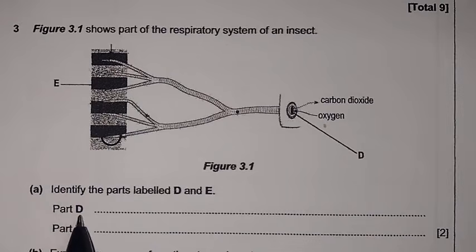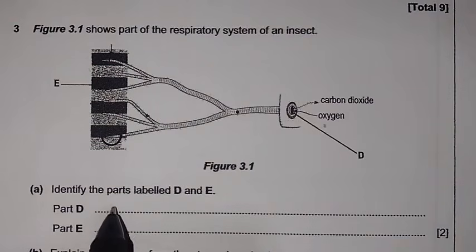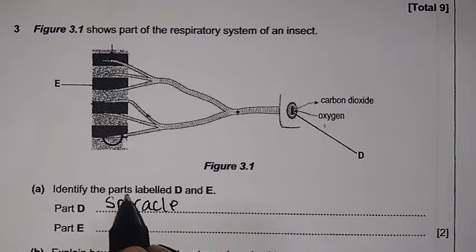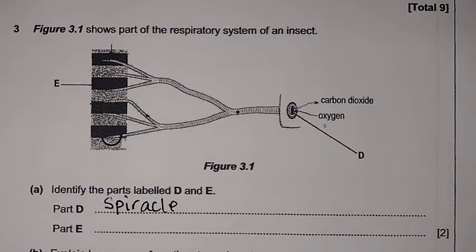So the name of the part that is labeled D, it's called what? The spiracle. Okay. So I've said the part labeled D is the spiracle. So this is the part that is used for the entry and exit of what? Carbon dioxide and oxygen in an insect.